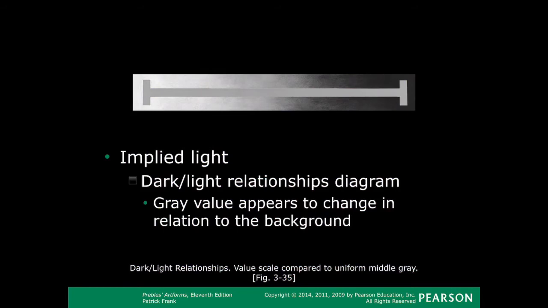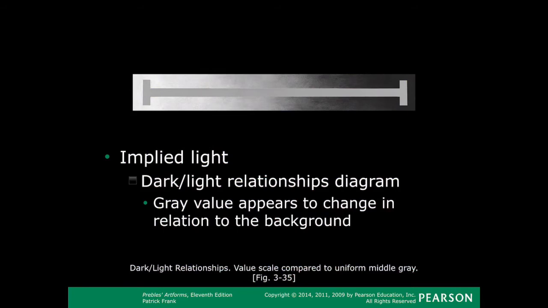We are looking at an example of implied light. You can see that the center line is of one particular shade of gray throughout the whole bar, and depending on the light or the dark underneath it, it actually influences the way we see that middle gray.